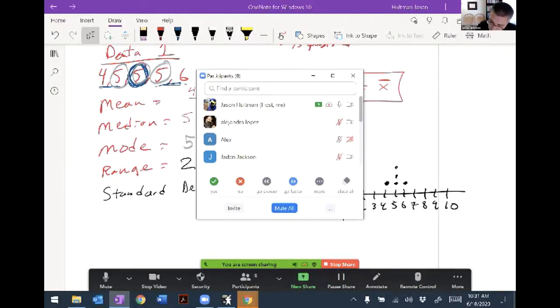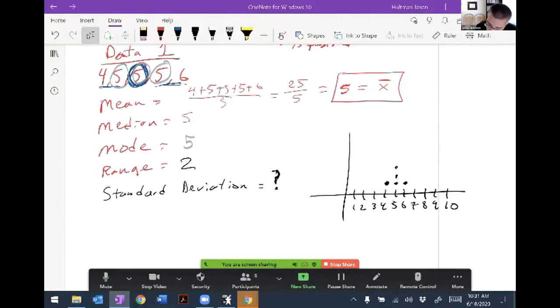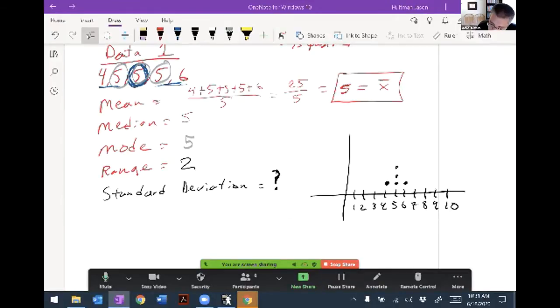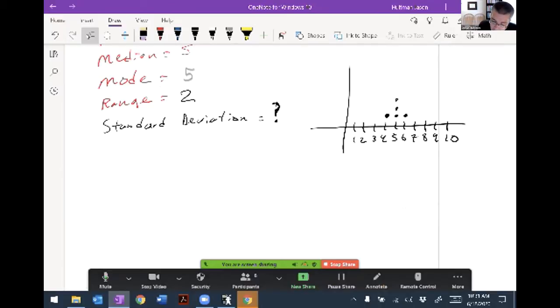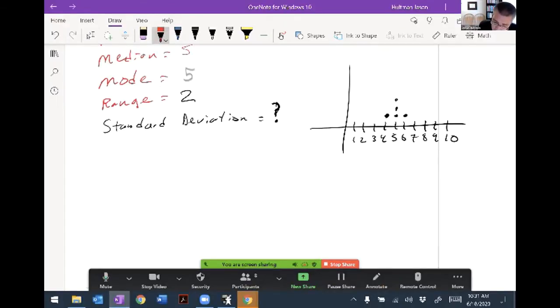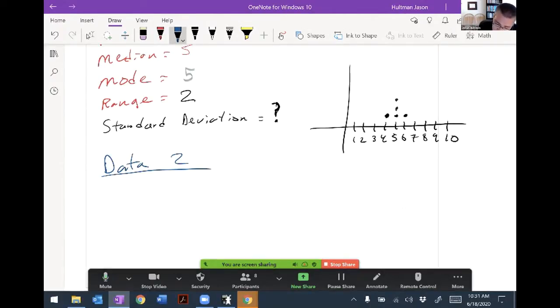Okay, so let's look at another data set real quick. We'll put a pause on what the standard deviation is. Data set 2 is going to be 1, 2, 3, 9, and 10.